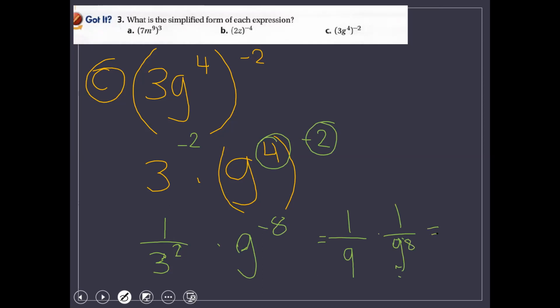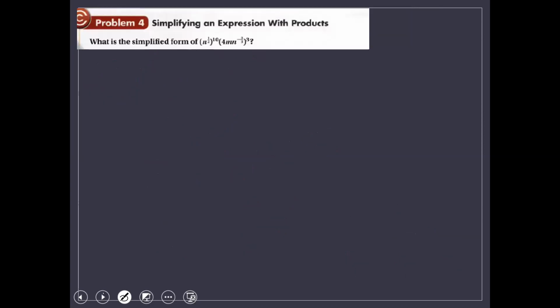So the answer is 1 over 9g to the power 8. Now, let's simplify an expression with a product. Look at here.